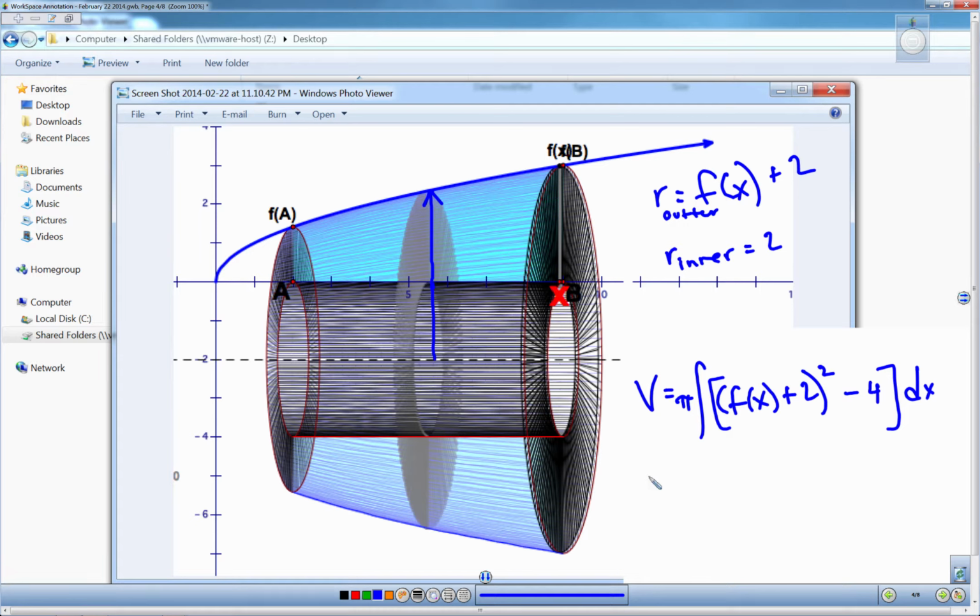And then what we'll set out to do is to describe this a little more analytically. So instead of writing f of x, my actual function was the square root of x. So we've got the square root of x plus 2 squared minus 4 dx.